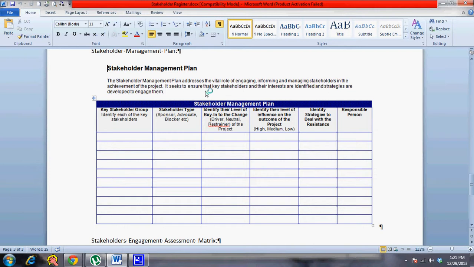All that information should be part of the stakeholder management plan. But if you see here, it has details about the key stakeholder groups, stakeholder type, then identify the buy-in to the change, how they are going to buy into change, identify the level of influence on the outcome of the project, identify strategies to deal with the resistance.